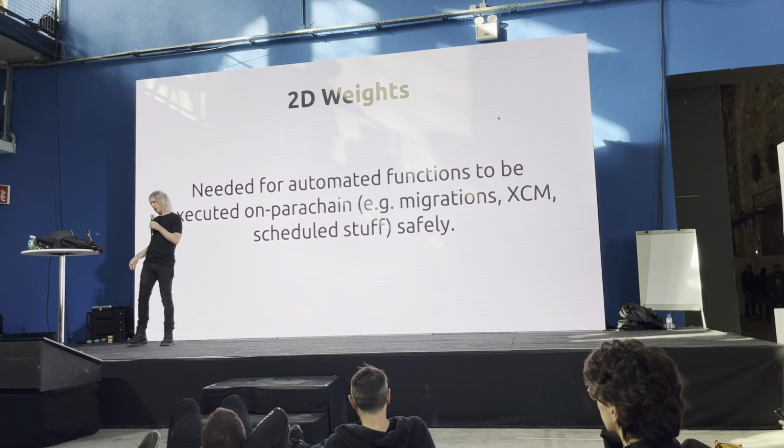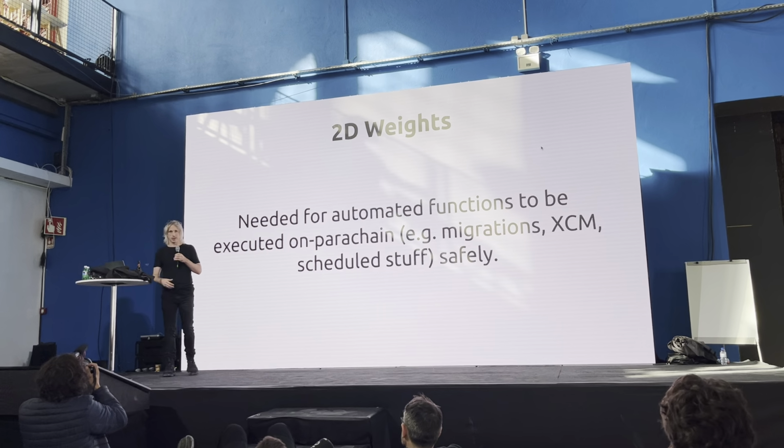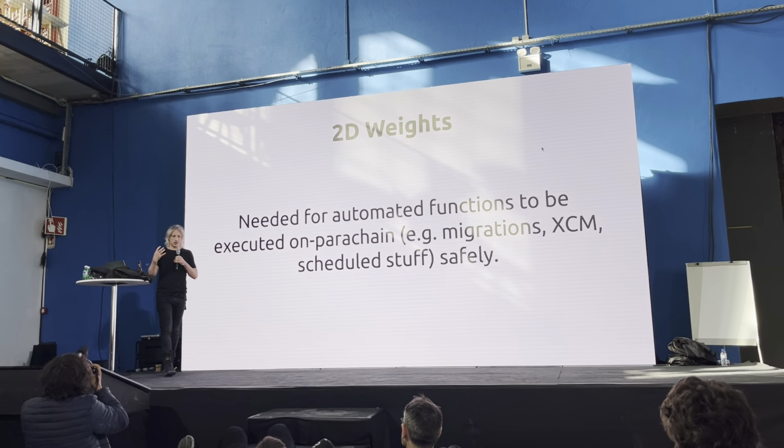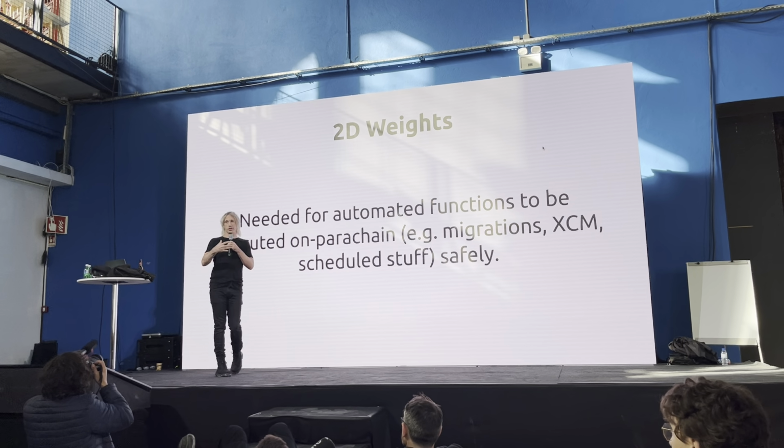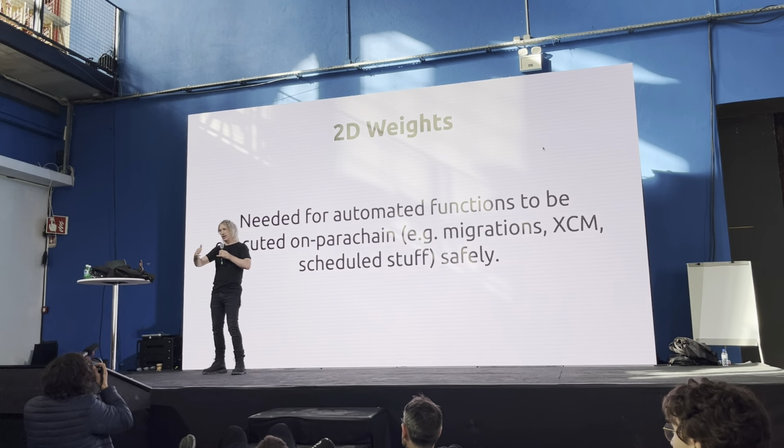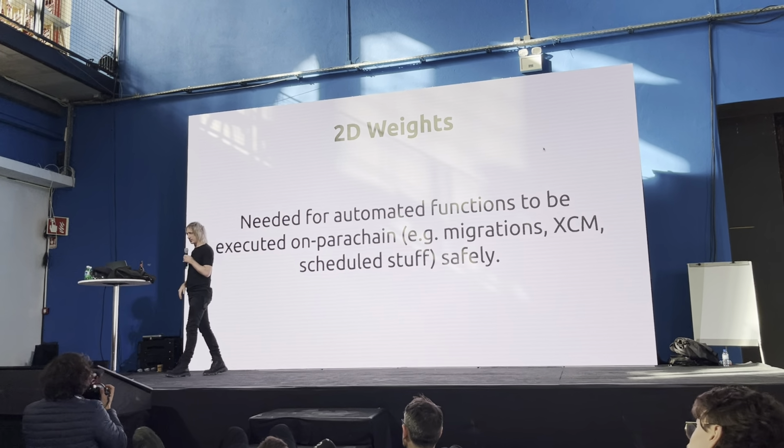Worse, if this happens as part of a mandatory function for block import, like for example on initialize as part of the scheduler, or maybe as part of executing incoming XCMs, then you've got a big problem, because you're doing something which you can't opt out of doing, which is going to make your block unimportable because the proof of validity is just too big. So this is crucial for parachain security.